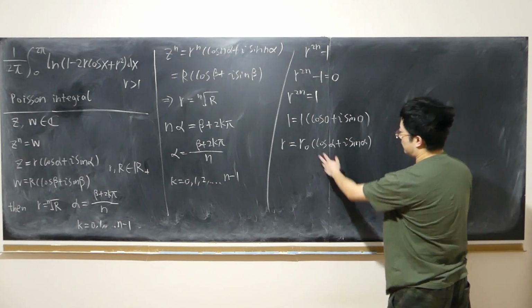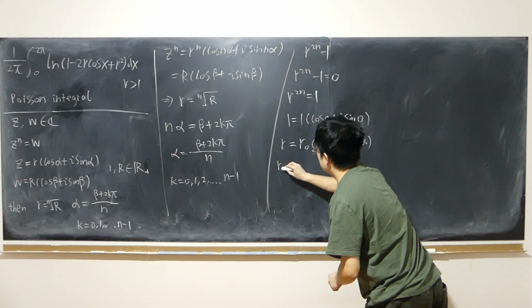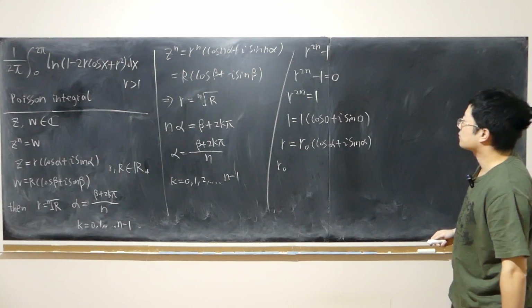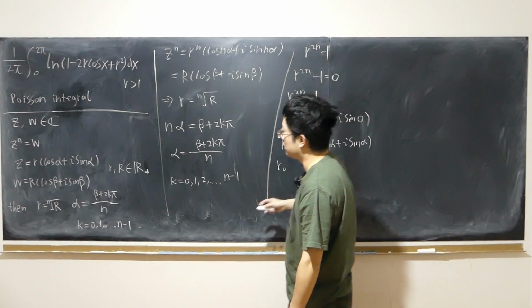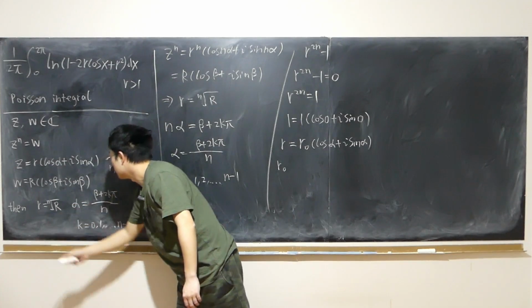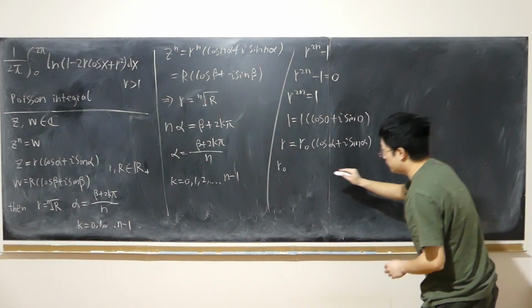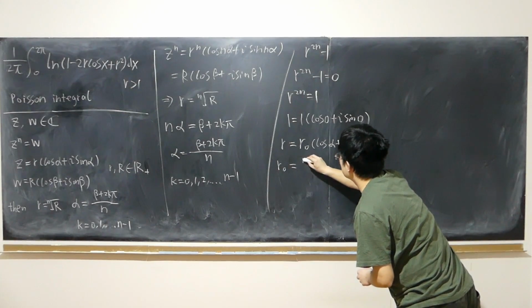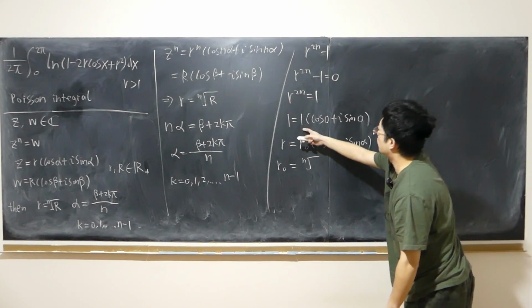Let's find out r naught. r naught can be treated as this little r, equal to the nth root of the big R, which is 1.